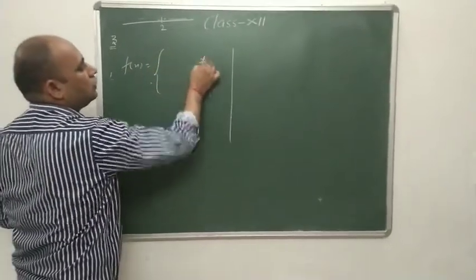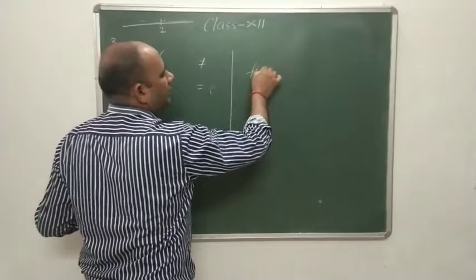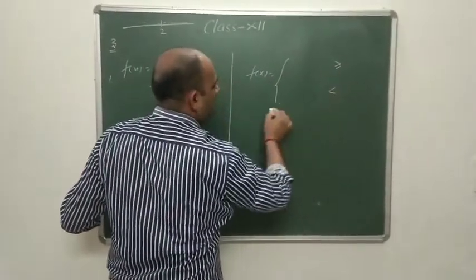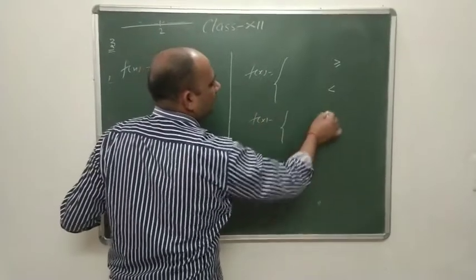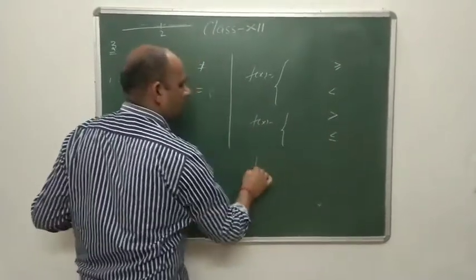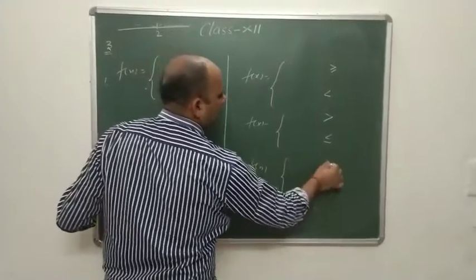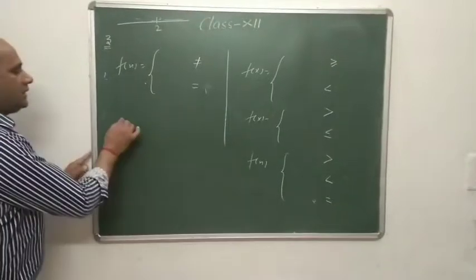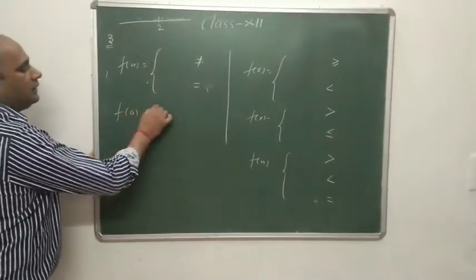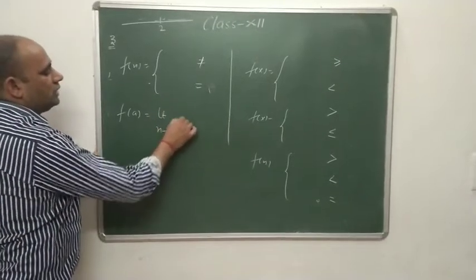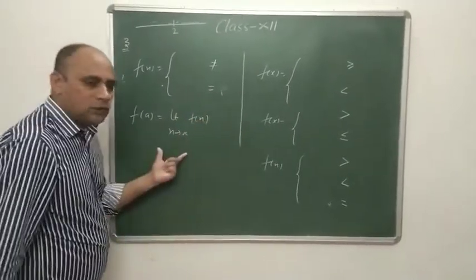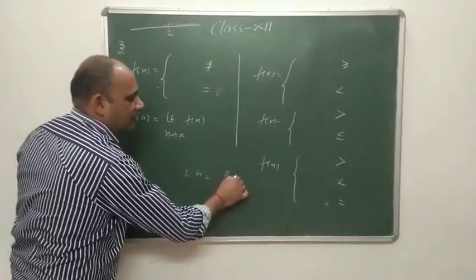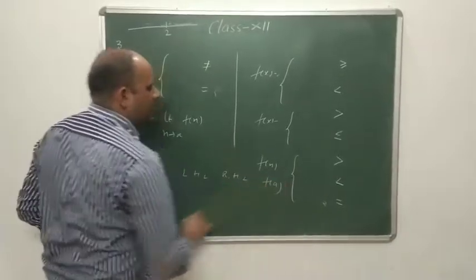One is the case of not equal and equal, and another case is greater than or equal to, less than, either only greater, less than or equal to, or greater than or equal to, less than also. In such conditions we use the method f(a) and limit x tends to a of f(x), along with left hand limit and right hand limit.